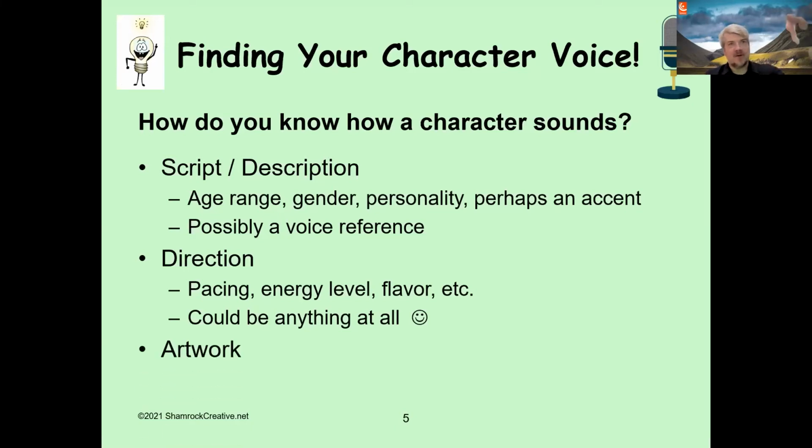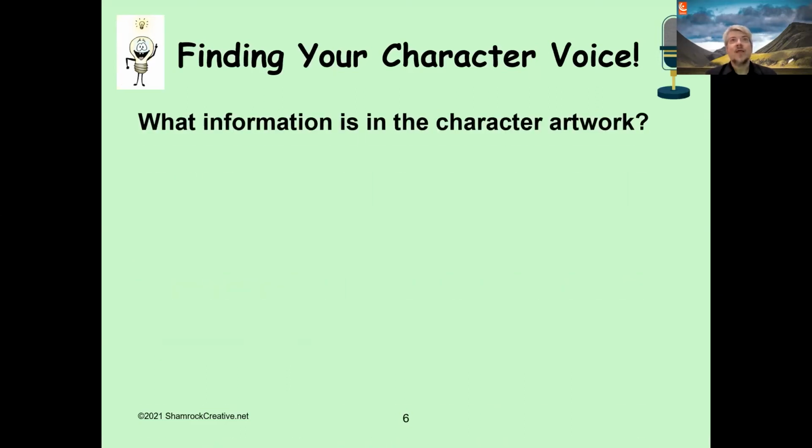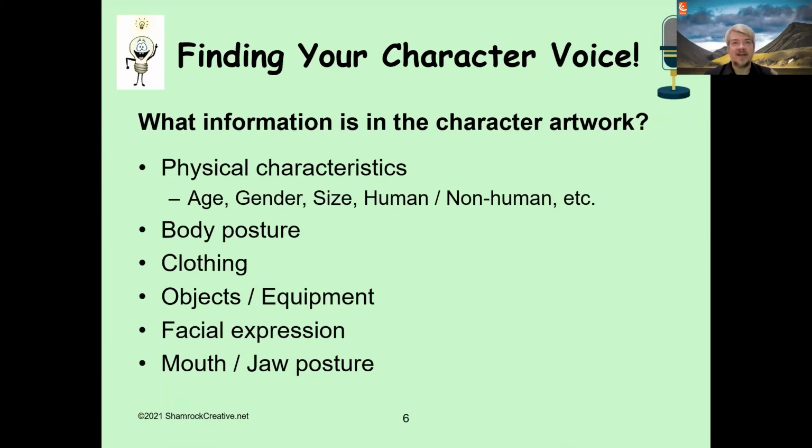And then also there's artwork. That's what we're going to focus on today, because that's more for us as the actor creating the voice based on what you see, whereas a script or description or direction from a director is more directed to us rather than us coming up with it on our own. So what information can we find in the artwork for a character?